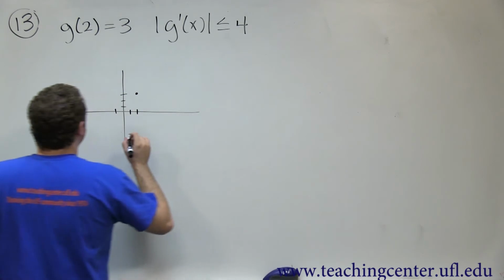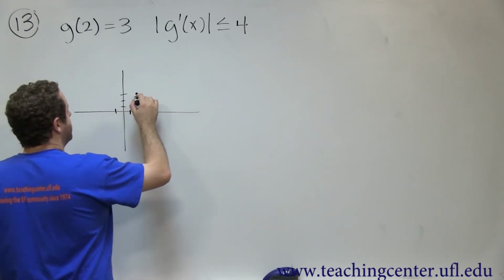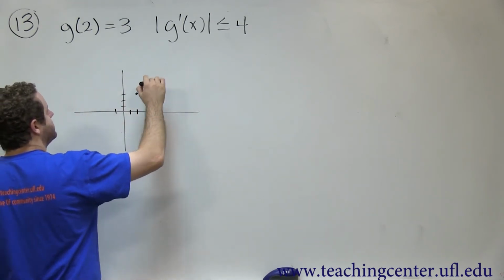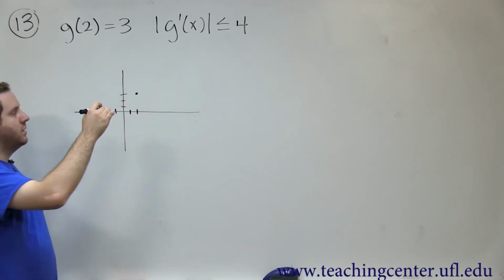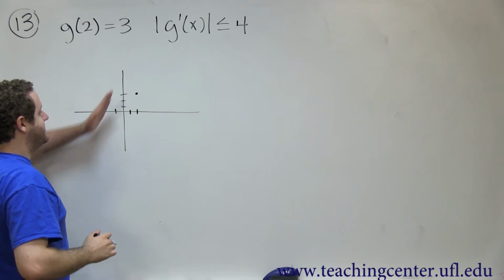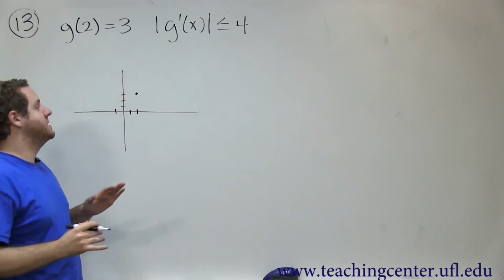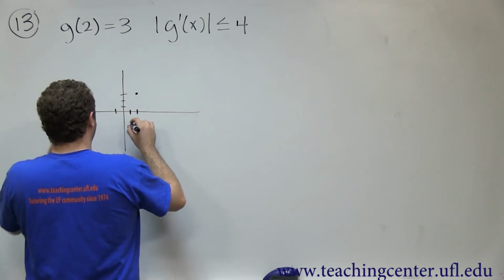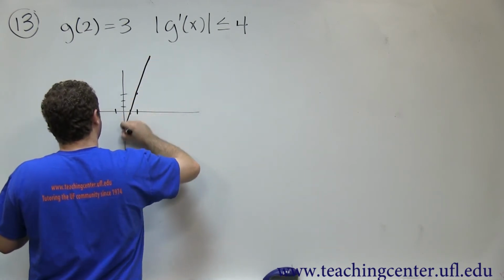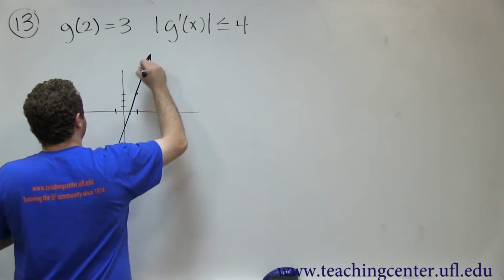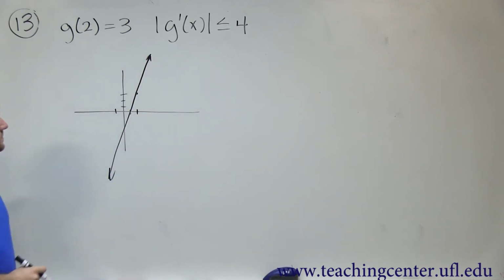We could have a lot of different curves going through this point, as long as their slope never went higher than 4. But if we want it to be as steep as possible, we want it to be 4 all the time. So it would be like this.